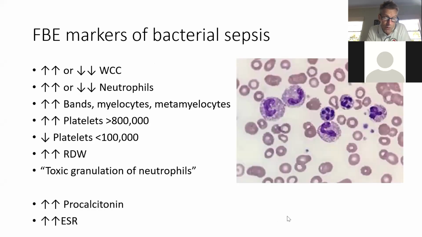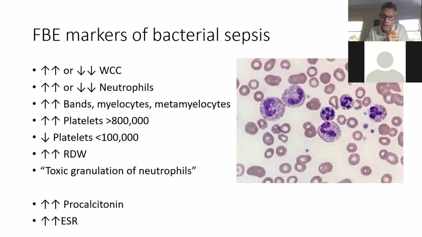There are a lot of different markers of infection, and some of them are not available in all hospitals. For example, some of the more sophisticated markers like procalcitonin or CRP are not available. But we all measure the full blood count, and I don't think we make the most of it.